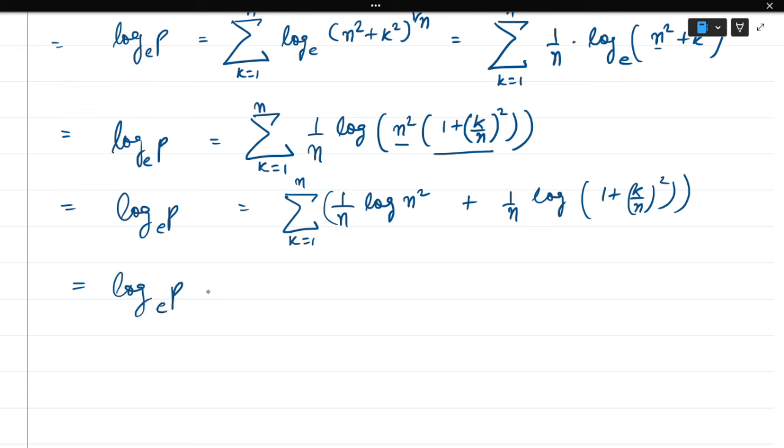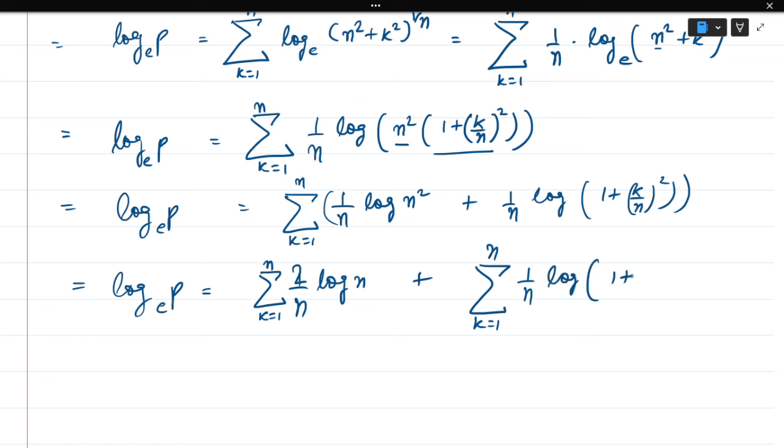After distributing this summation, we get 1 by n, or you can write 2, because by the property of log, the 2 from n square can be taken outside, log n summation k equal to 1 to n, plus summation k equal to 1 to n of 1 by n log 1 plus k by n whole square, right? And now you see that log n by n is independent of k, so it can be taken outside.